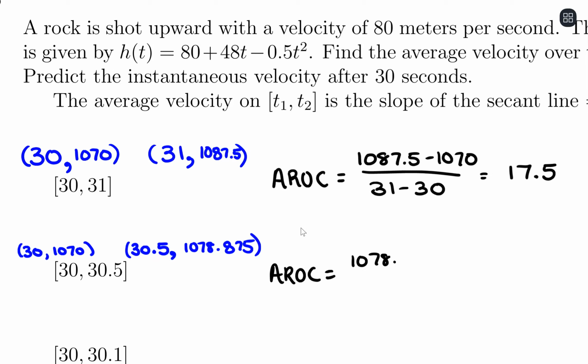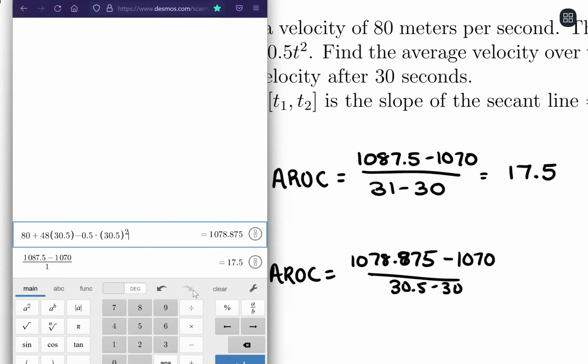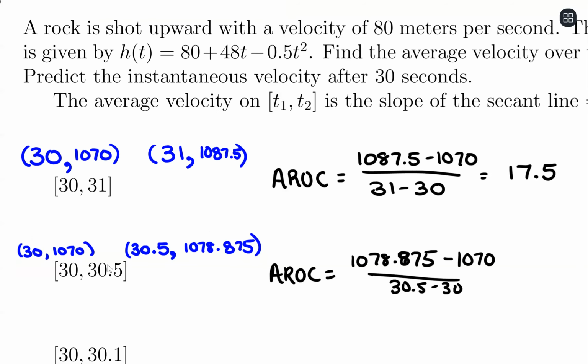So we calculate 1078.875 minus 1070 all over 30.5 minus 30. Now it's 17.75. So we actually had a little increase there in our slope.